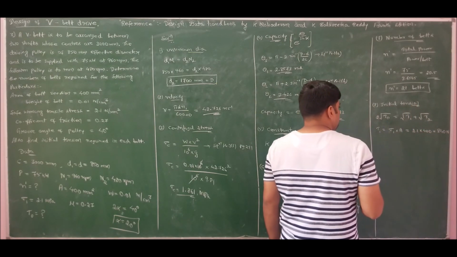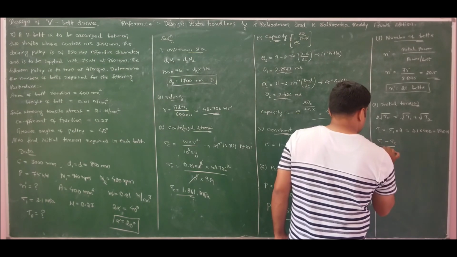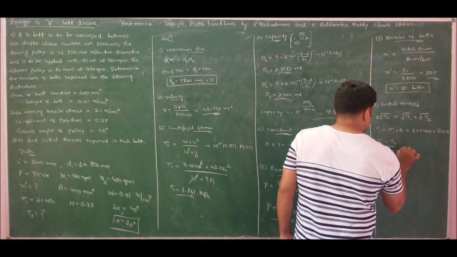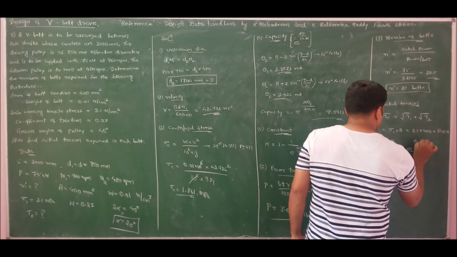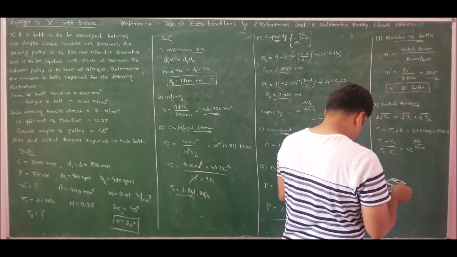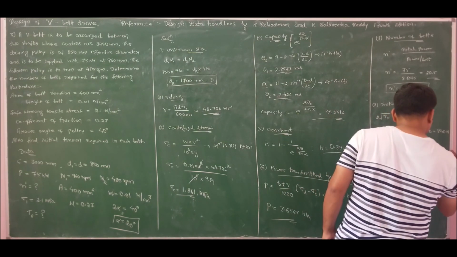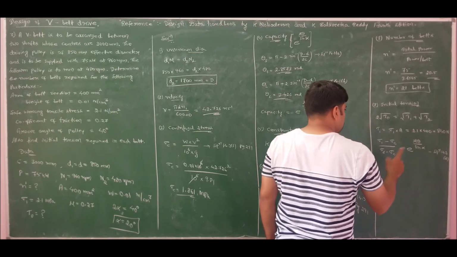Now to find T2, I want sigma 2, for which I should use the formula (sigma 1 minus sigma c) by (sigma 2 minus sigma c) is equal to e to the power of mu theta by sin alpha. This is equation 14.3d. We know all the values.